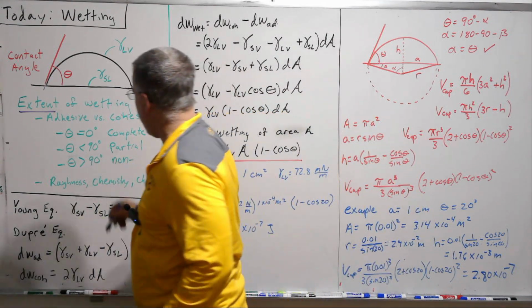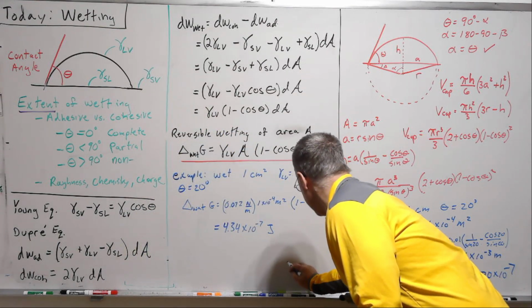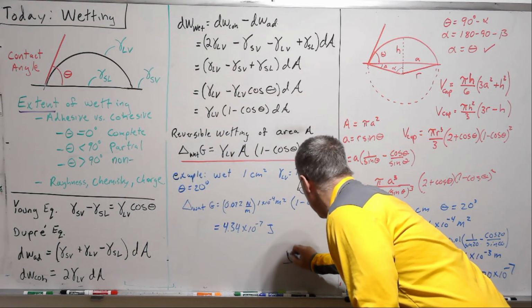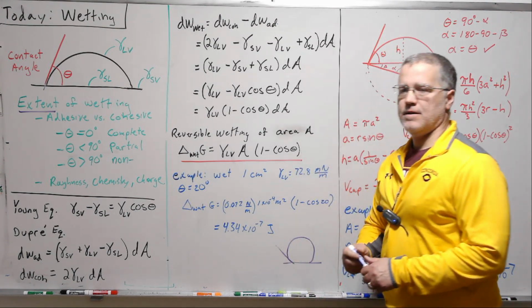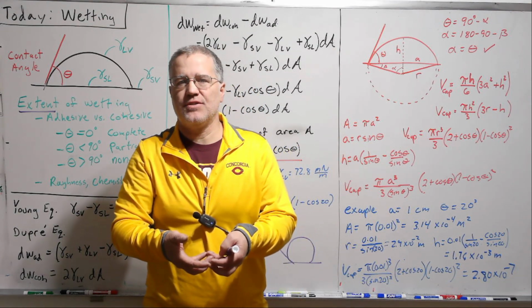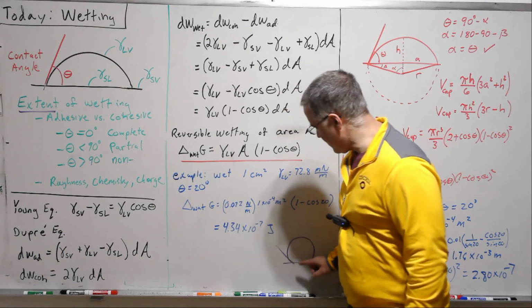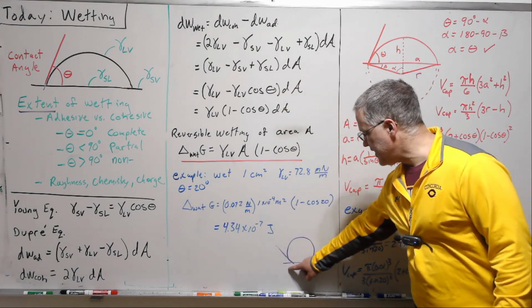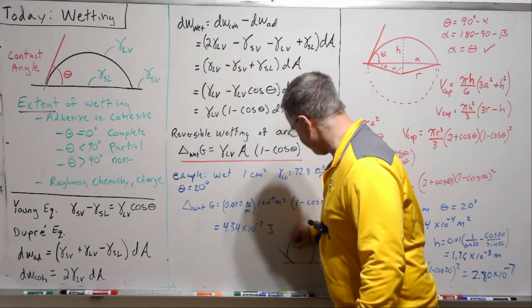And then if we have an angle that's greater than 90, that's going to look something like this. The liquid beads up on that surface, and we say that it's non-wetting. So that does not wet the surface. So this would be an example of, say, a waxed surface, and water would do something like this.